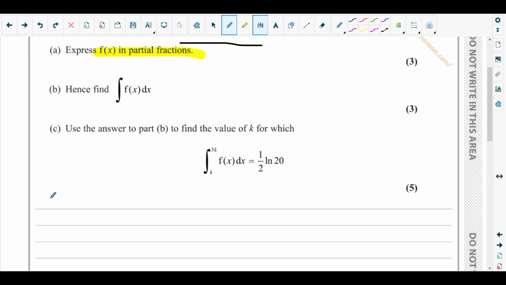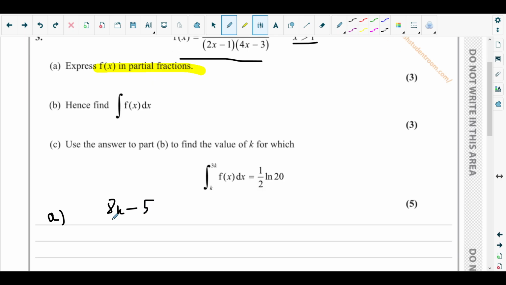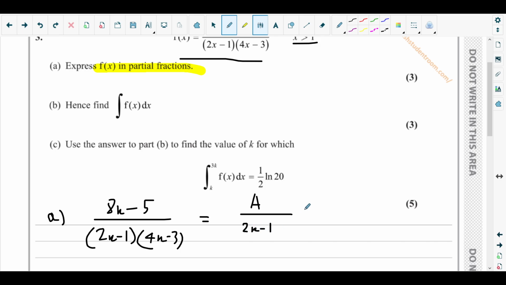So what we do in partial fractions is that we consider (8x minus 5) over (2x minus 1)(4x minus 3) equals A over (2x minus 1) plus B over (4x minus 3).